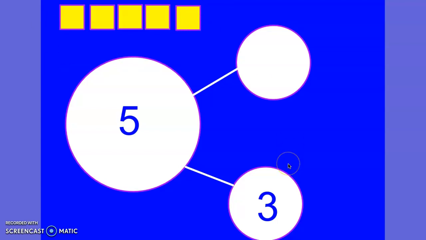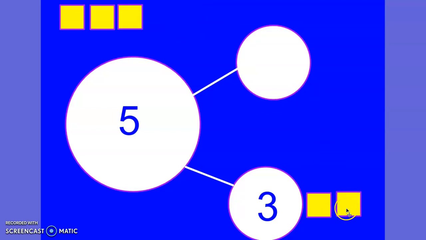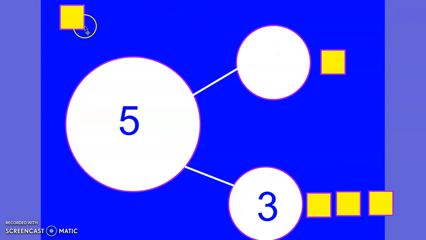Okay, so now we are going to move and put our cubes where they go. If you need to pause it at any time, make sure you do that. So I'm going to move 3 cubes over here since I have the number 3. And then I'm going to see what's left. So I have 1, 2 left.